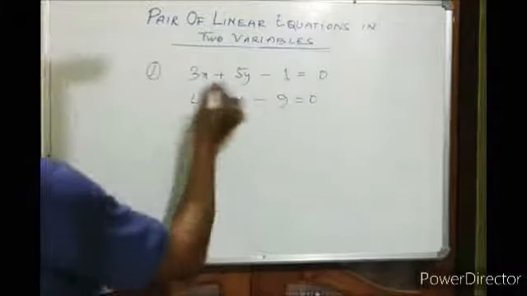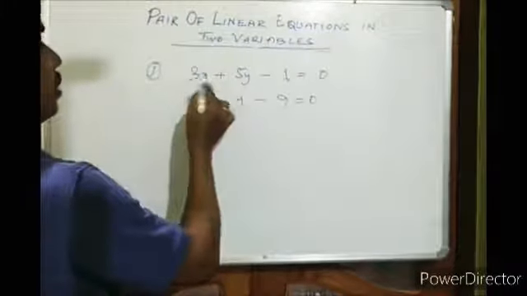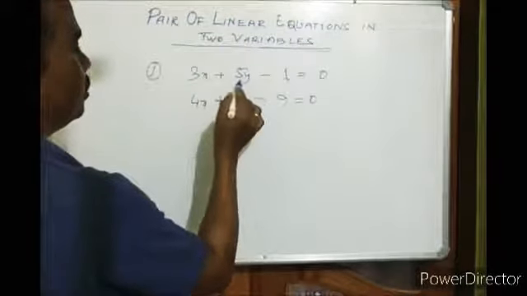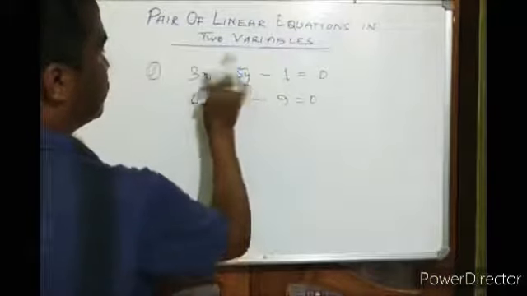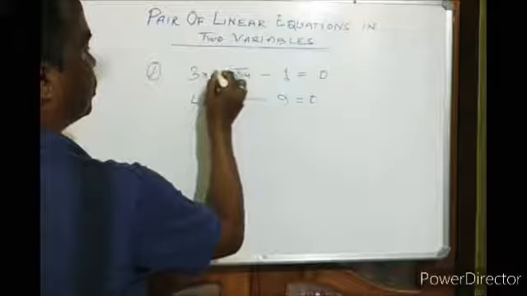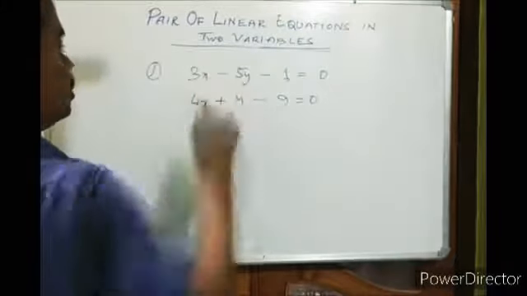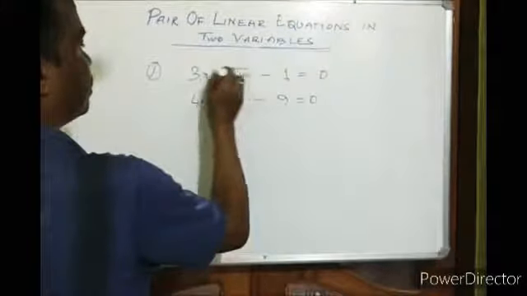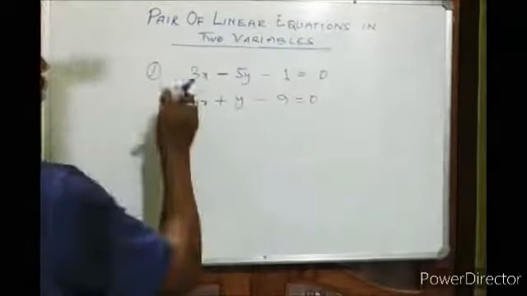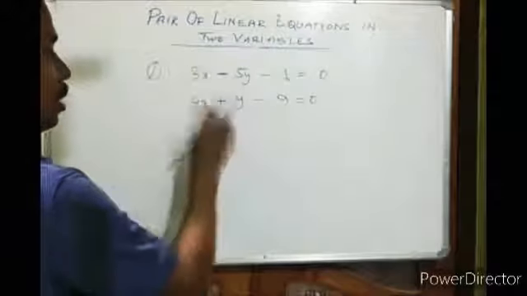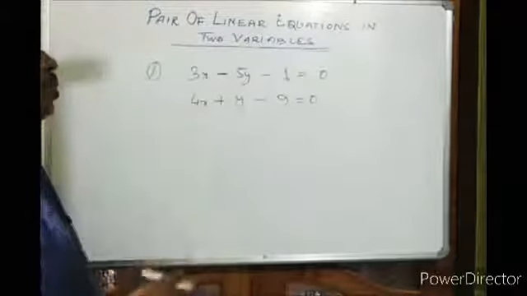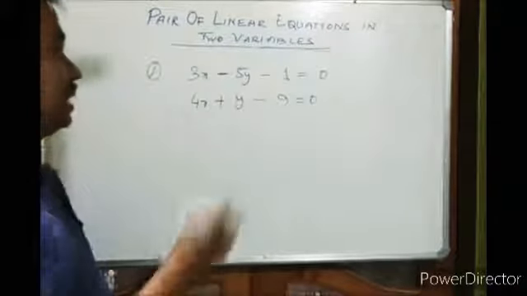These are the pair of linear equations. Sorry, thrice x minus 5y, so I'm changing the equation. Thrice x minus 5y minus 1 is equal to 0 and 4x plus y minus 9 is equal to 0. So these are the two equations which we are going to solve algebraically.